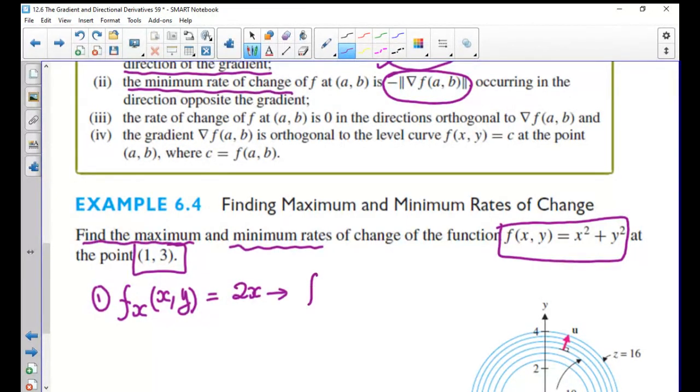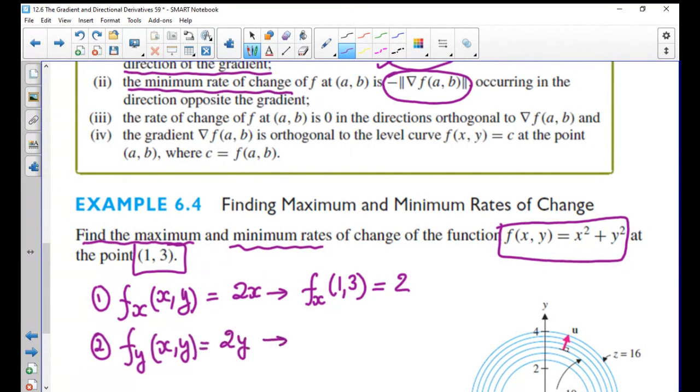So that means fx at the point 1, 3 will be 2. And then you find fy. fy is 2y.